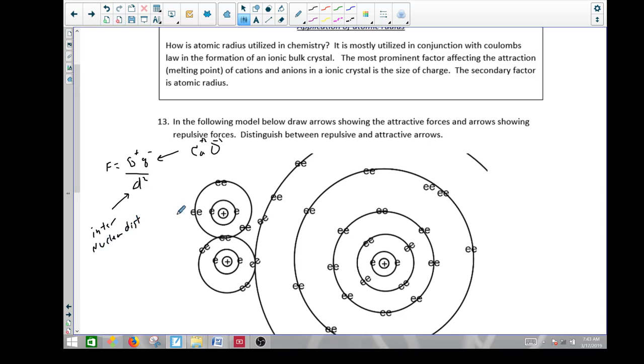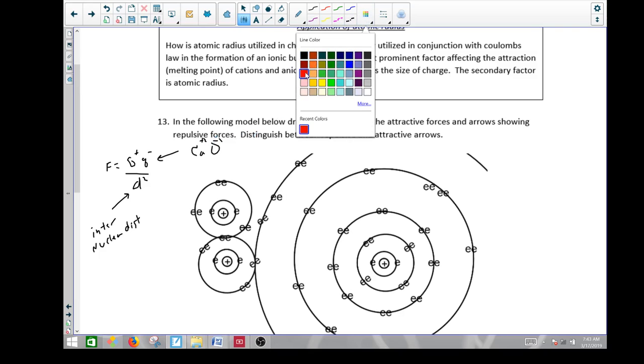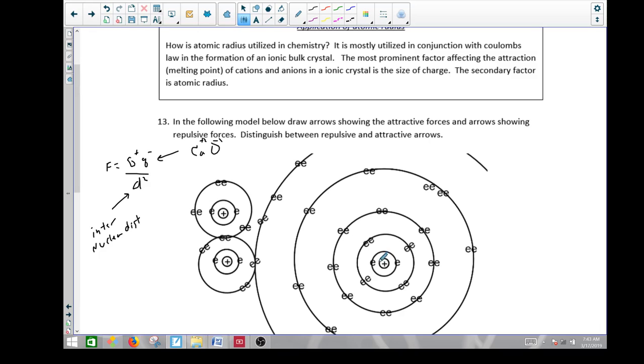Okay. All right, so it says here on the following model below, draw arrows showing attractive forces and arrows showing repulsive forces. So I'm going to just pick a different color here. Let's go with red for attractive forces. The attractive force here is what's holding these together. Let me just draw a line here. It's between the nucleus of one atom and the electrons of another atom.